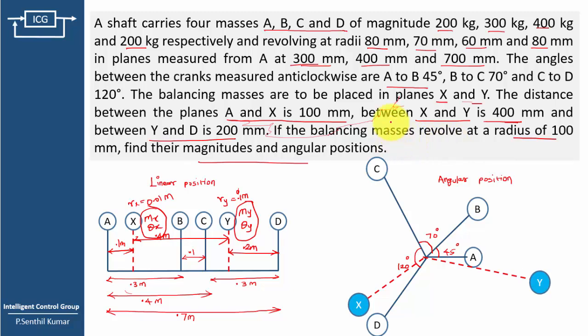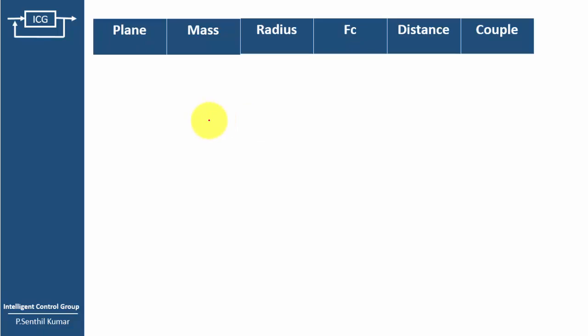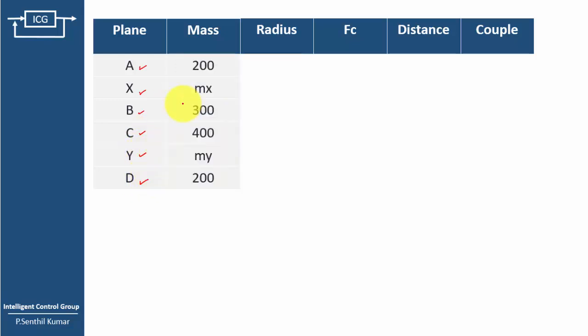So we will take all those data and mark them on the table. Here the first column is plane, the order of the planes. Then the corresponding masses 200 kg, 300 kg, 400 kg and 200 kg respectively. Here X and Y are unknown, so these are the values we need to find out, the balancing masses. So we will take them as mx and my.